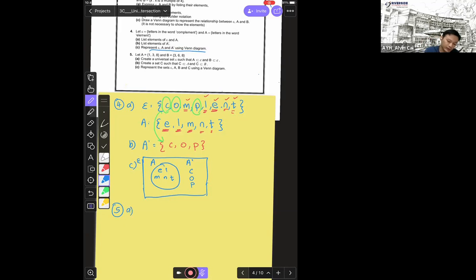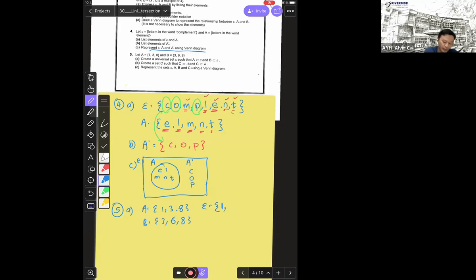So for part A, universal set means the set that must consist of all the elements given in A and B. So if we look at A, it is 1, 3, and 8, and B is 3, 6, and 8. So the smallest universal set that we can have must consist of all these elements. We can have more, but cannot have less.